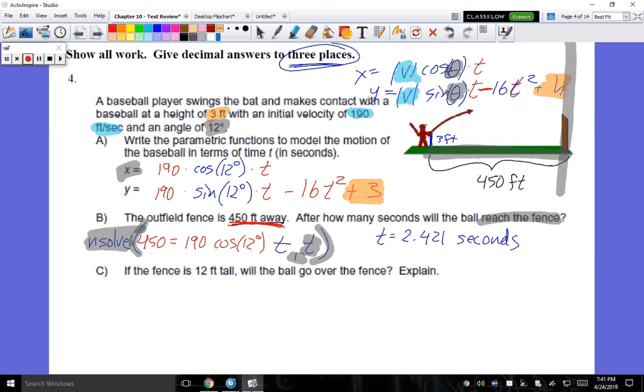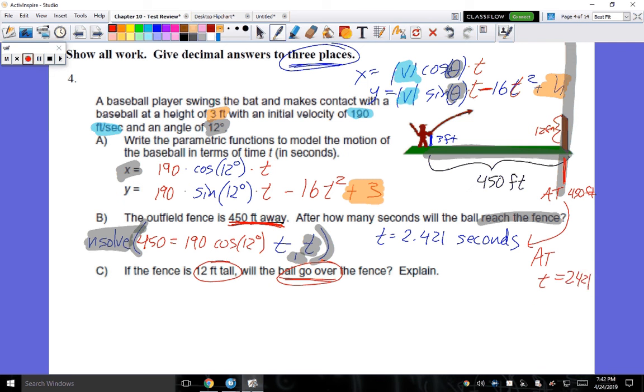It says if the fence is 12 feet tall, so this 12 feet tall is right here, will the ball go over the fence? So we want to ask ourselves, will it actually go over the fence? What we need to see, the keyword is at 450 feet, which is the same as saying what we just found, at time equal to 2.421.